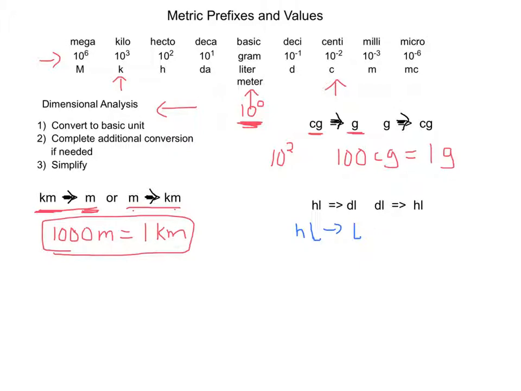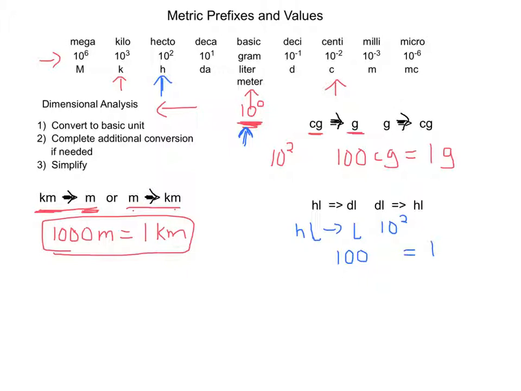So if I take a look at my hectoliter, which I'm going to use blue here to differentiate between the other examples we did, and I'm looking at liter, which is right here, I have, in terms of exponents, a difference of 2. So I'm looking at 10 squared. So my relationship is 100 of what will equal 1 of what.